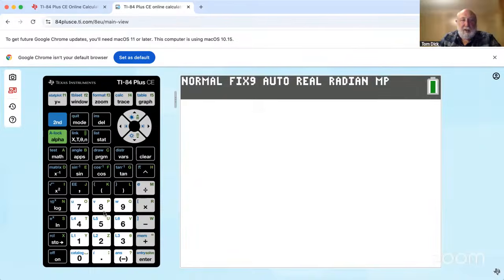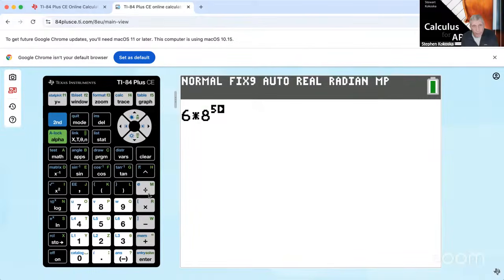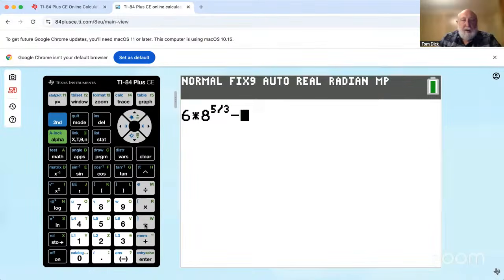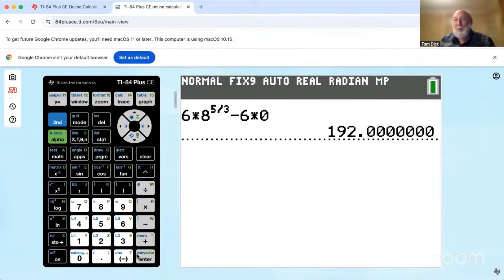If we just took 6 times 8 to the 5/3 and then subtracted off the position at 0, well, it's zero, it starts at 0. I don't even have to put in the 5/3 there. Let's just enter that. There, 192, right on the nose. How about that? Matches up. Very good.